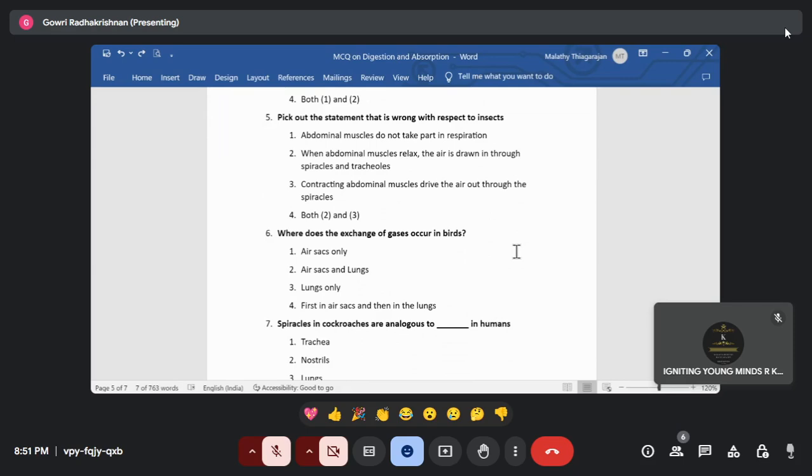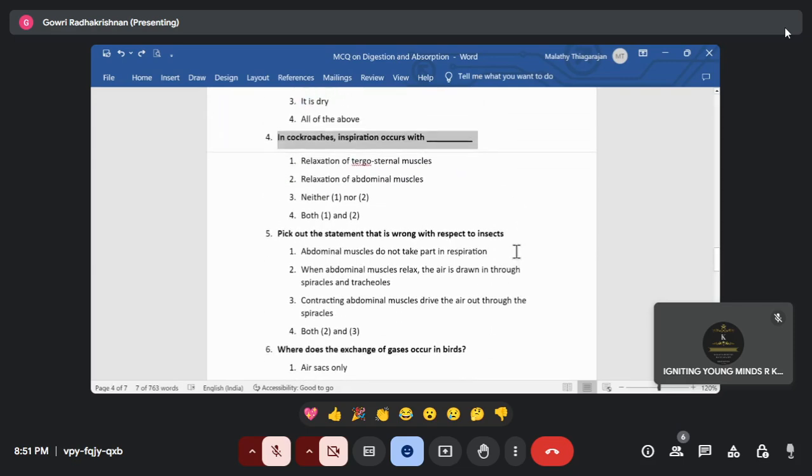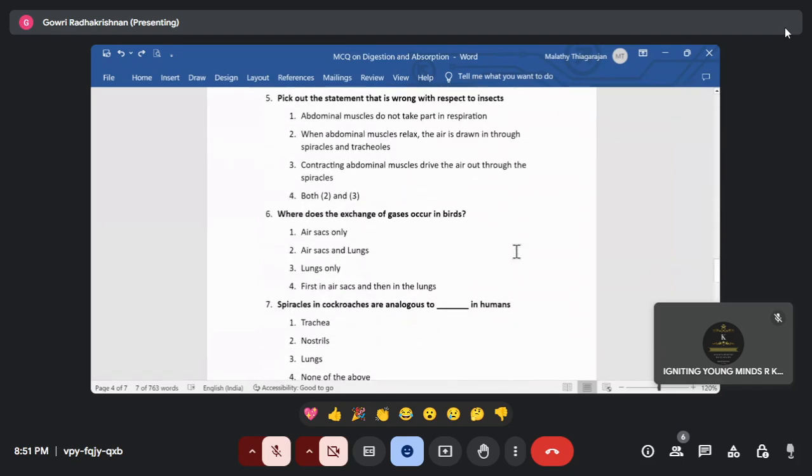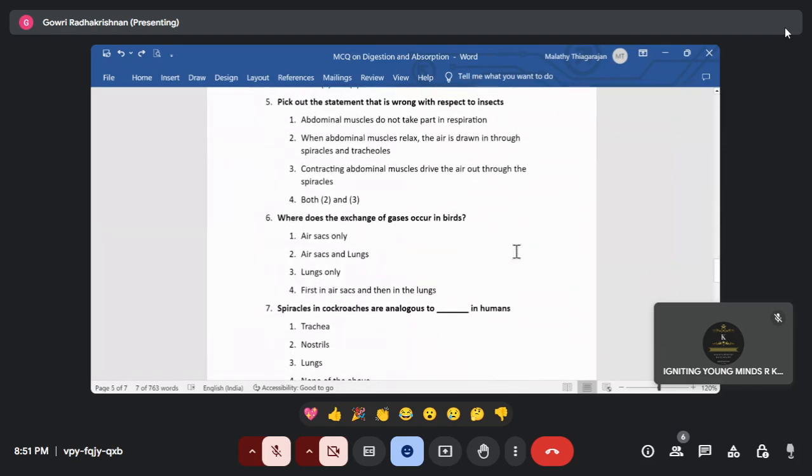Ma'am, I think option one. Yes, abdominal muscles do not take part in respiration. That is the wrong one. Just now, in the question above, we saw the cockroach. Relaxation of abdominal muscles, inspiration occurs. That means the statement that abdominal muscles do not take part in respiration is wrong. It holds for all the insects.